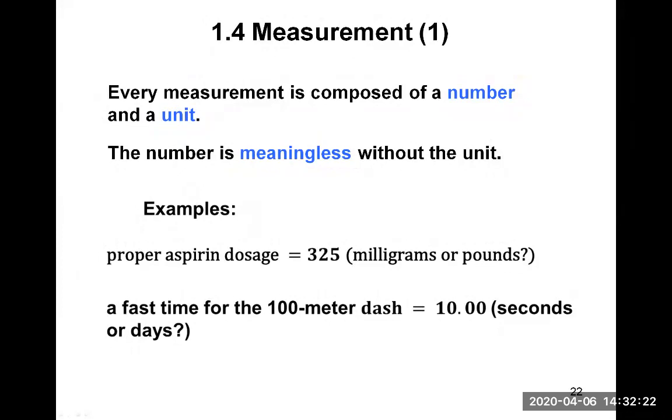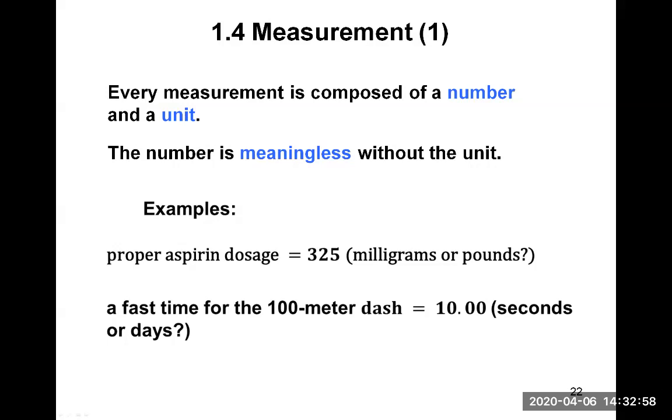Every measurement is composed of a number and a unit. And it is very important that whenever you give a measurement, you give a number and its unit, because the number is meaningless without its unit. For example, if you were reporting the proper aspirin dosage and we're saying 325 and you don't say the unit, then we are left to wonder, is it 325 milligrams or 325 grams or micrograms or pounds?